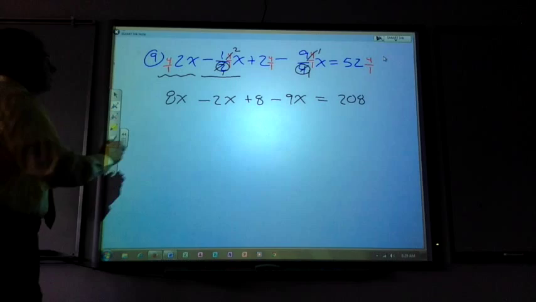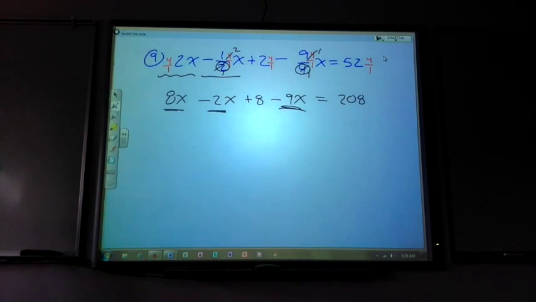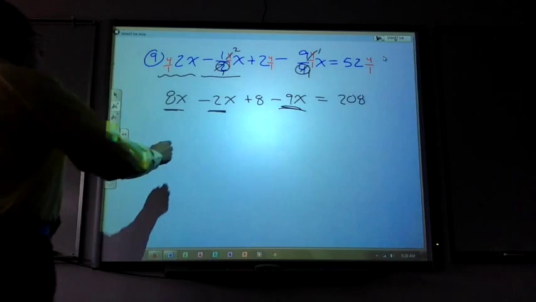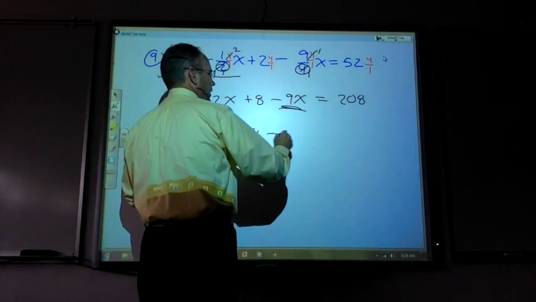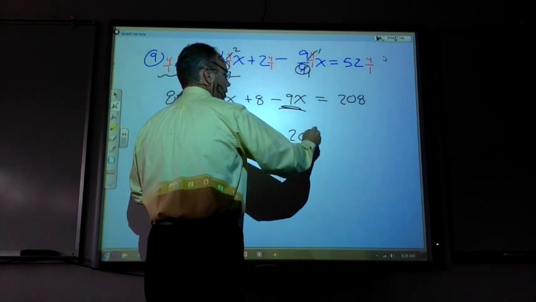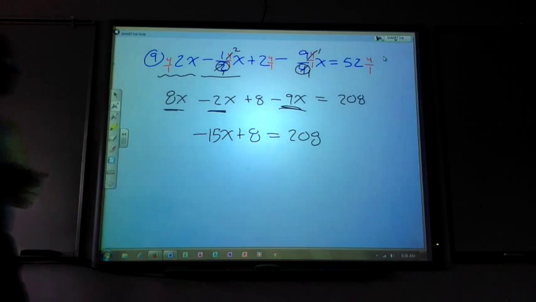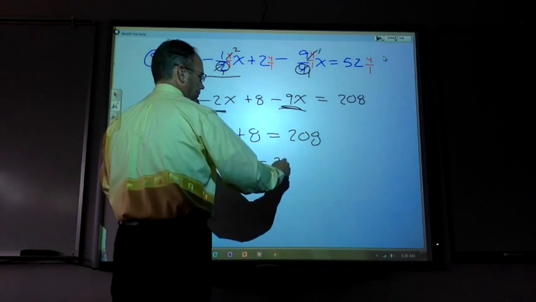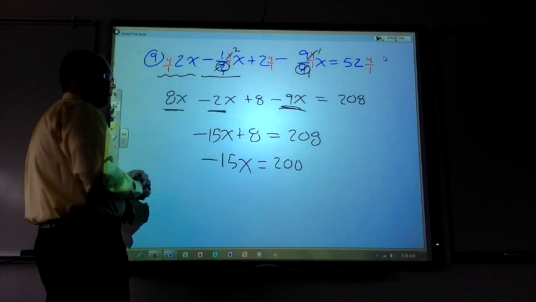Let's combine like terms. I happen to have 3 like terms over here. I have 8 minus 2, which is? Negative 6 minus 9 is? Negative 15. So I get negative 15x plus 108 equals 208. What would be next? Subtracting 8 from either side. Last step. Clear?